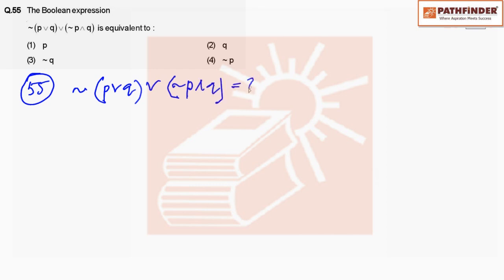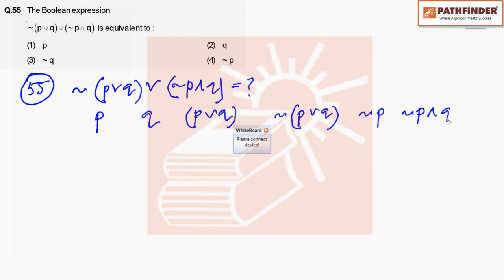If we make the truth table, we take P, Q, P union Q, then negation of P union Q, and negation of P intersection Q.